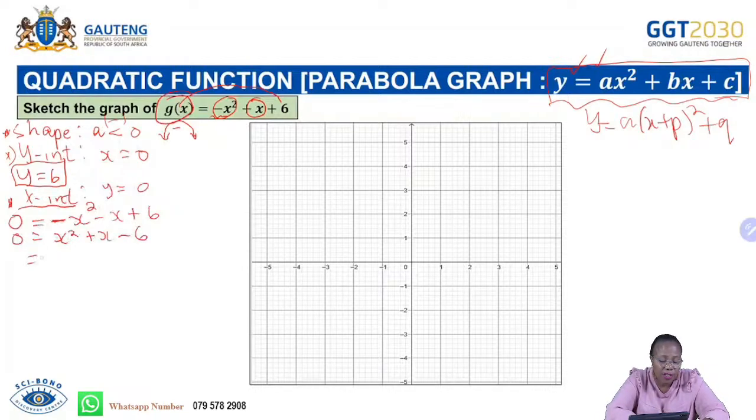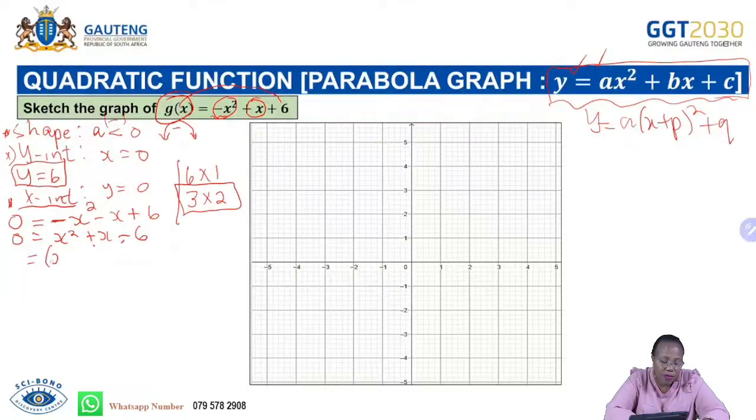Then we are looking at the factors of 6. When you subtract, you get a 1. Okay, remember factors of 6 will be 6 times 1 or 3 times 2. So now this trinomial is saying factors of 6. When you subtract, you get a positive 1. These are the only possible ones to give us a 1 when you subtract.